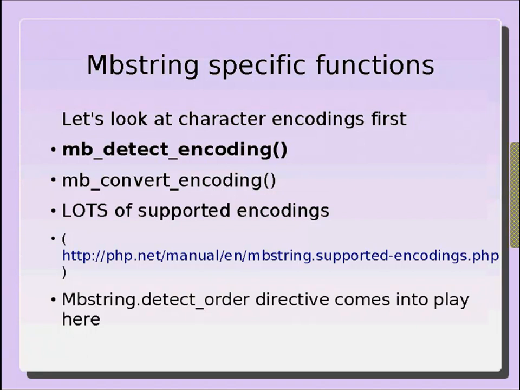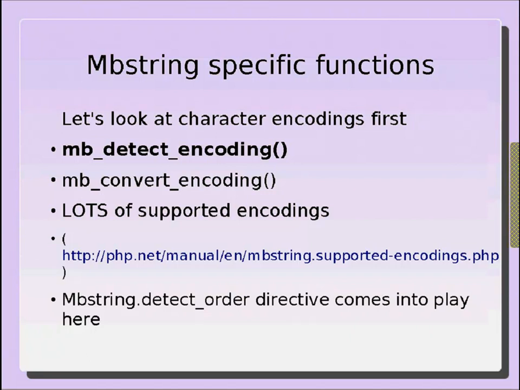I don't think you'll find what you're looking for missing, definitely. So we can detect different character encodings. We can convert between different character encodings. Let's look at detect first, because there's a bit of a gotcha, a bit of a catch. Okay, so the function is MB detect encoding.